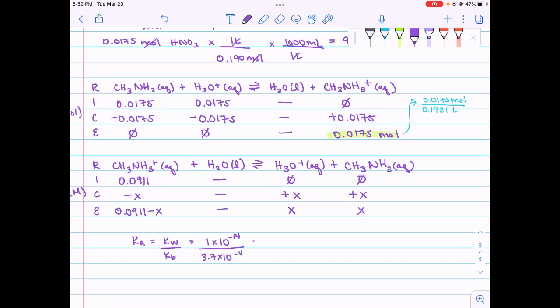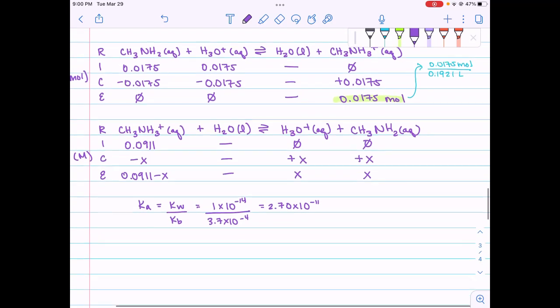Let's do this division in our calculator. All right, we'll get 2.70 times 10 to the minus 11. So that's our Ka value.